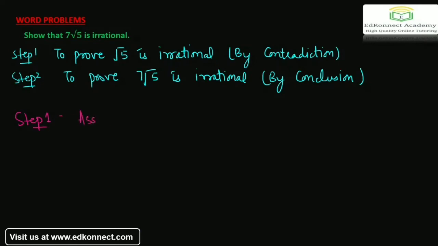So assume that root 5 is rational. So if root 5 is rational, we can write root 5 in the form a by b, where b is not equal to 0 and a and b are co-primes.